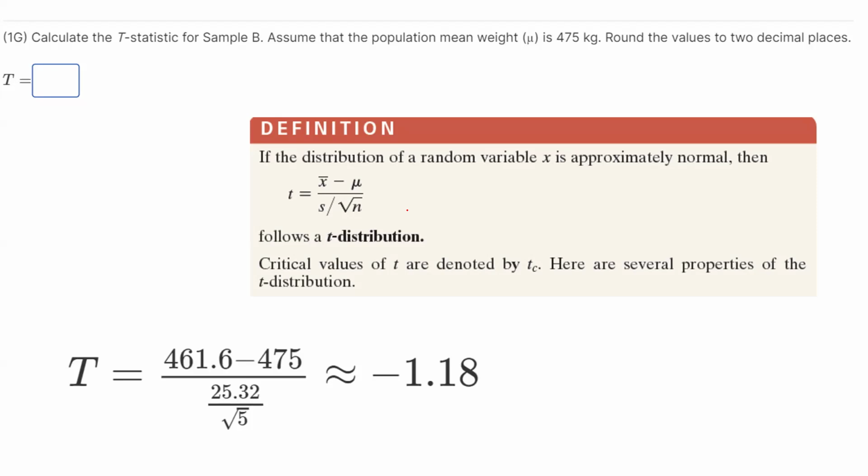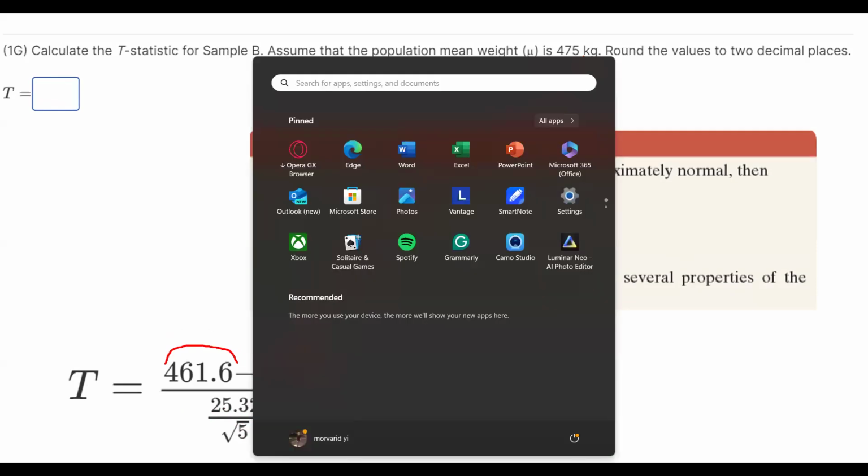T is equal to x bar, which is the average that we calculated in the previous slide. 475 is given to us in the question because it says, hey, the population mean is this number here, divided by 25.32, which is the sample standard deviation that we calculated over square root of 5. And it is negative 1.18. Again, if you look at your calculator, you see you calculated all of these before.